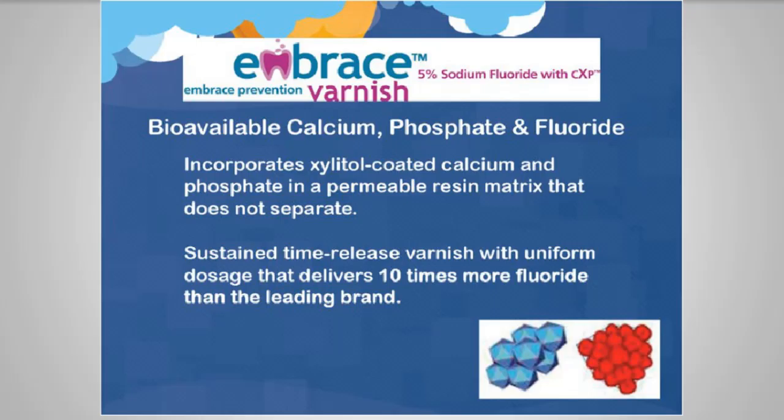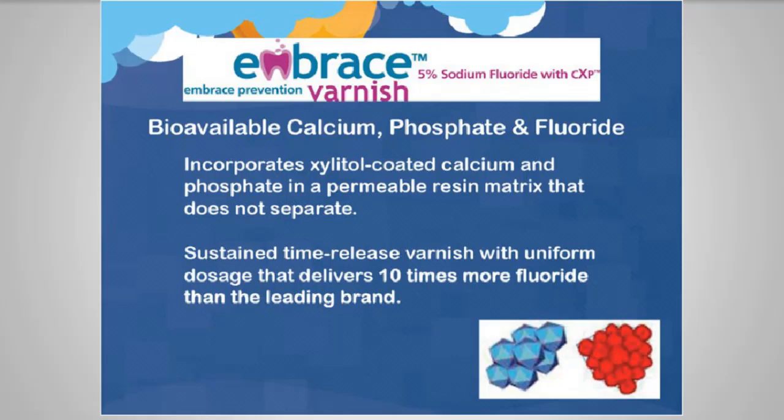If you dip your brush into that resin, you don't put fluoride on the teeth. You just put resin. So if you are going to continue to use your traditional varnishes, please be sure to use the other end of your brush, mix it all up first, and then paint the fluoride varnish on the teeth.